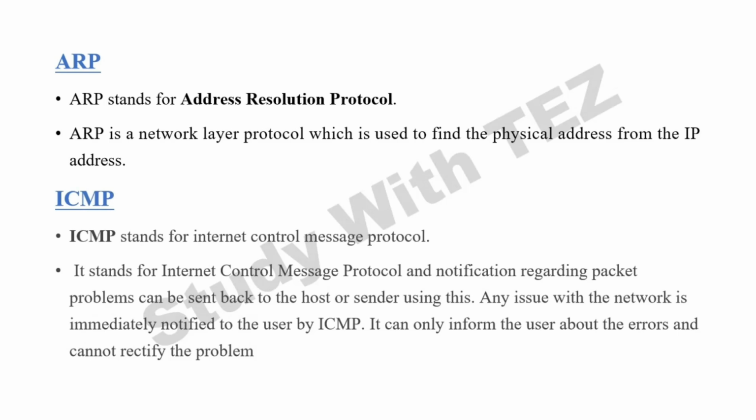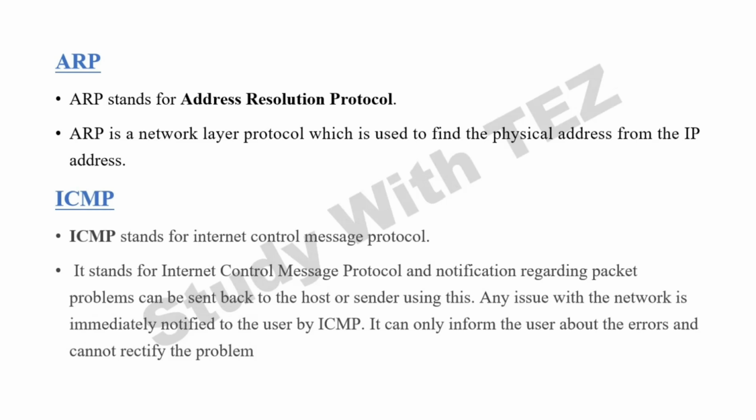Basically, IGMP is Internet Group Management Protocol, which helps in multicasting, and ARP stands for Address Resolution Protocol. The main functionality of ARP is to find the physical address from the logical address, that is, the physical address from the IP address.